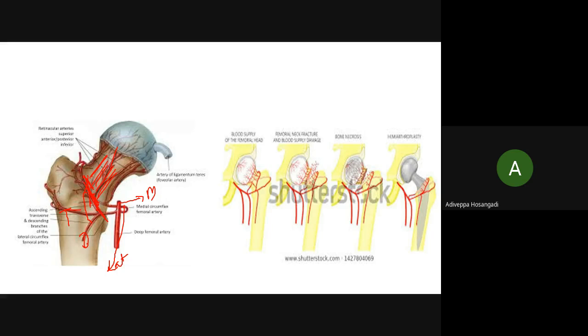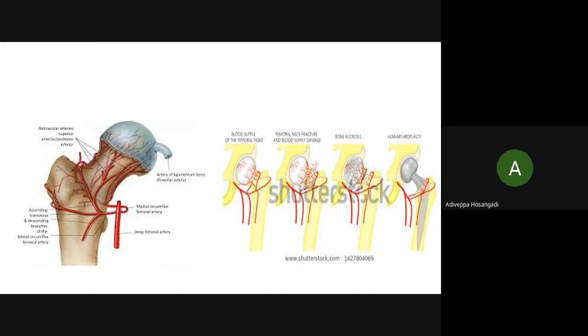These are grouped into anterior, posterior, lateral, medial. So don't bother about that.